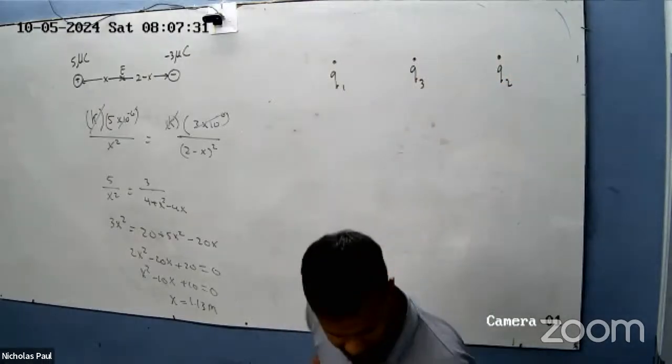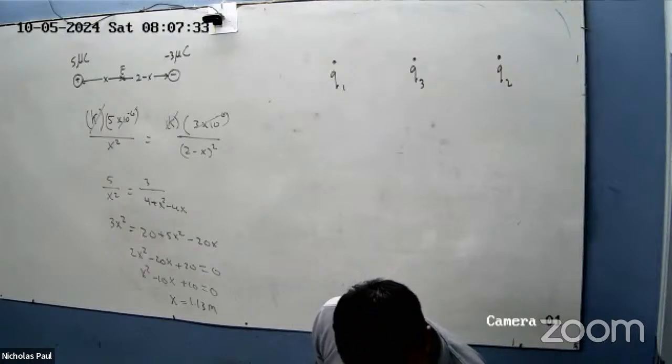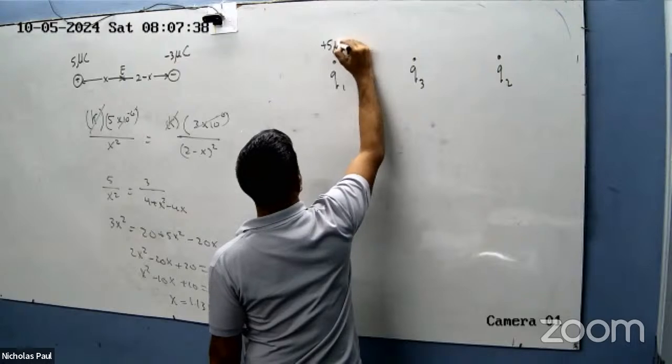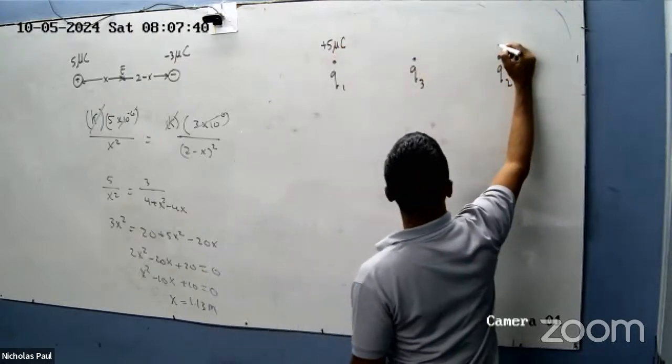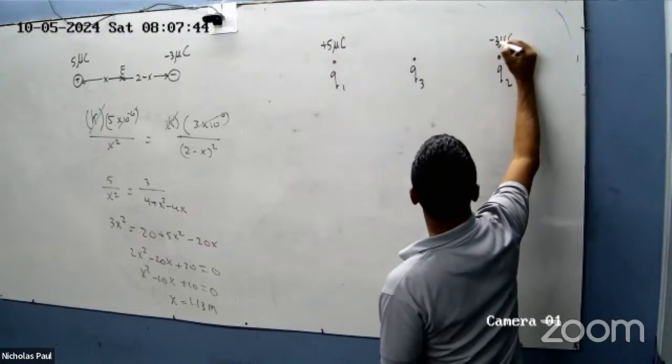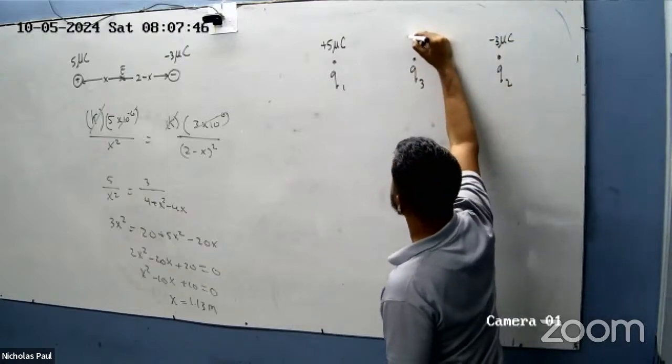Okay, the values. Q1 again, 5. Yeah. And Q3 was 1, positive.